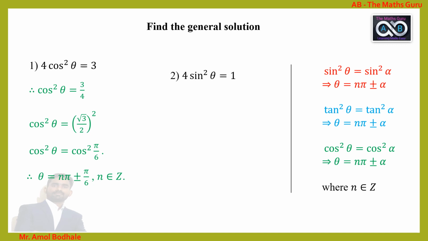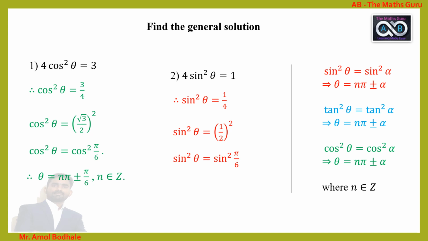Let's see the second example. 4 sine square theta equal to 1. If we divide by 4, sine square theta equal to 1 by 4. 1 by 4 can be written as 1 by 2 whole square, and we know sine of 30, that is sine pi by 6, is half. So we can write sine square theta equal to sine square pi by 6.